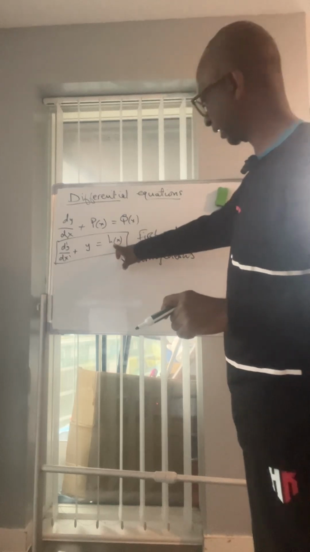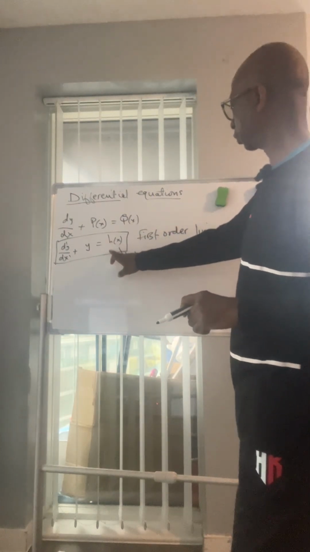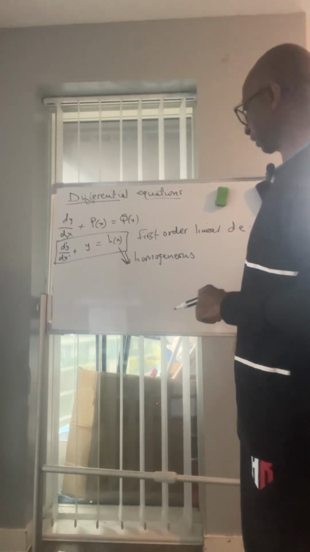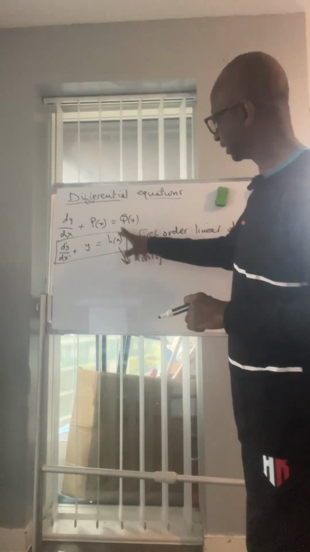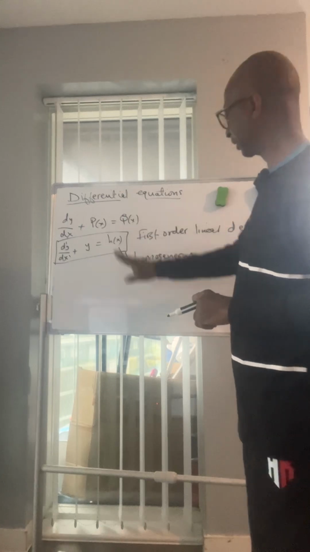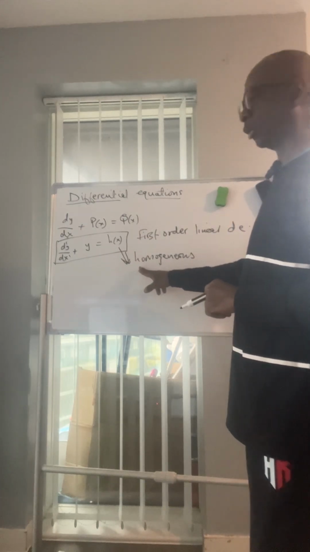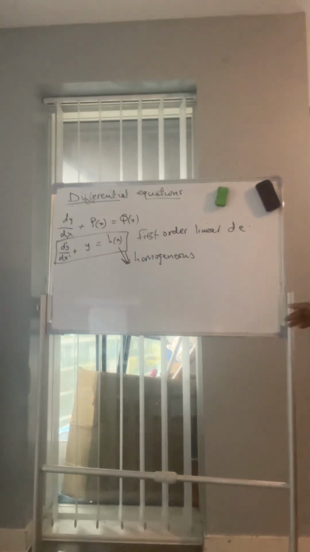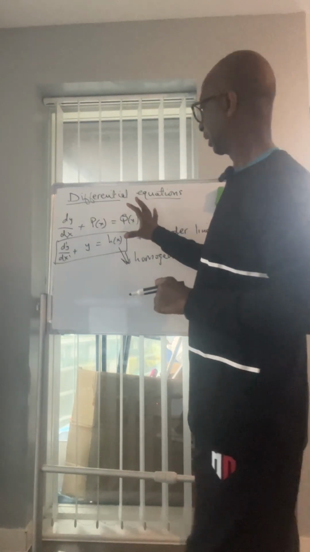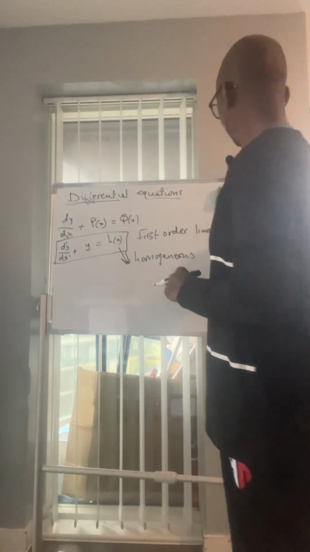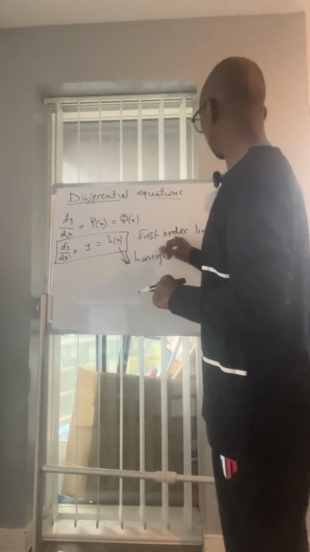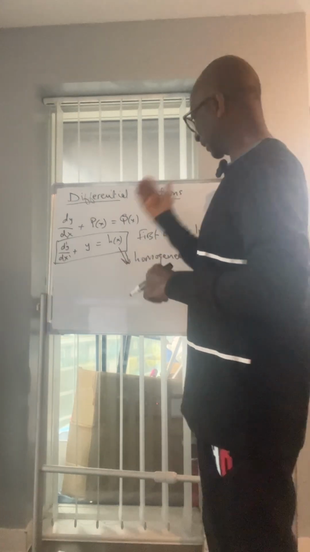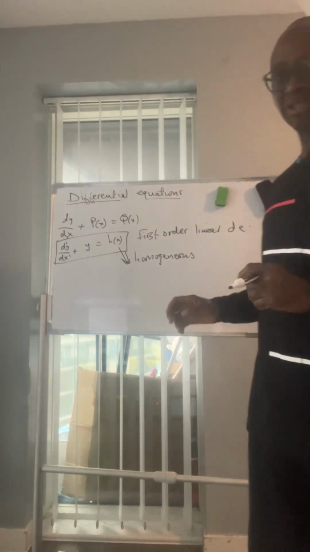If this function here is 0, it's going to be a homogeneous first order linear differential equation. If this is not 0, you are given something here, then it's nonhomogeneous. So we shall concentrate on this homogeneous first order linear differential equation. We shall be solving problems there. The next video, we shall look at a problem. Thank you for watching. Bye-bye.